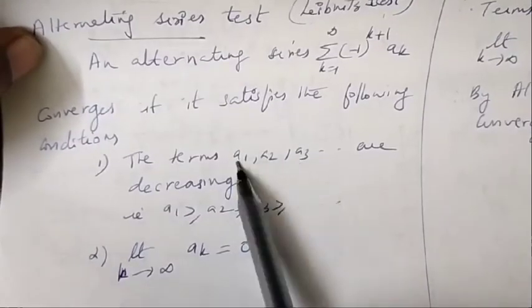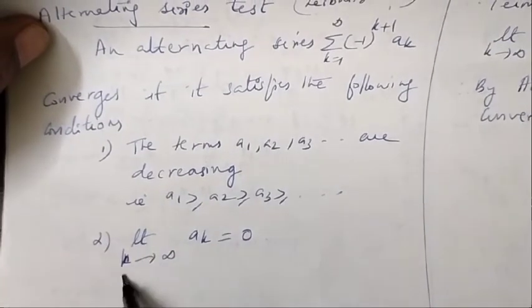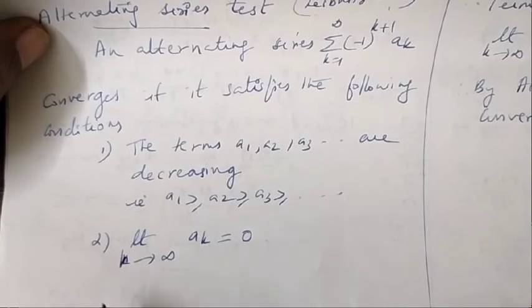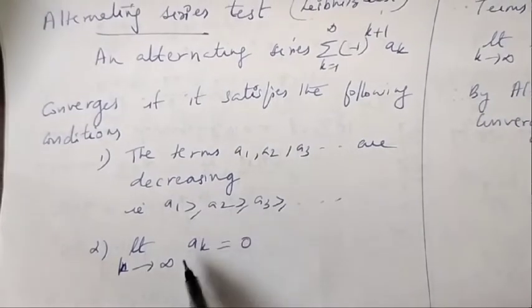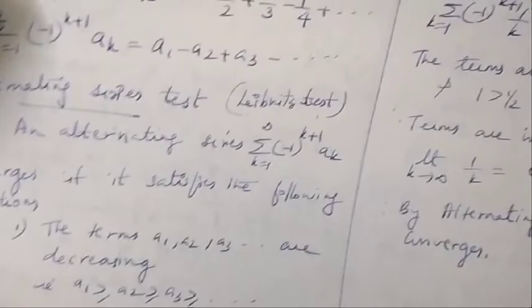The terms without sign are in decreasing order. Second condition is that limit k tends to infinity of ak, so find the kth term and apply k tends to infinity, the limit value is 0. So if these two conditions are satisfied, we can say that the alternating series converges.